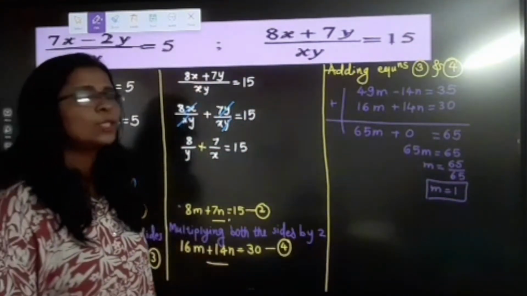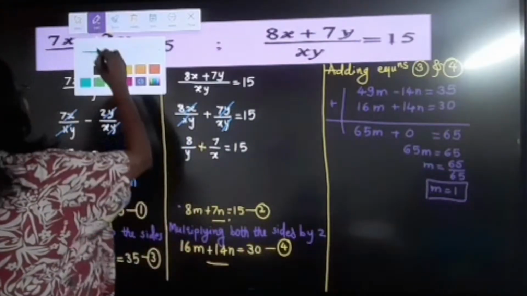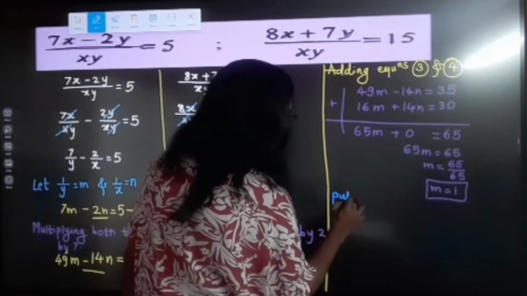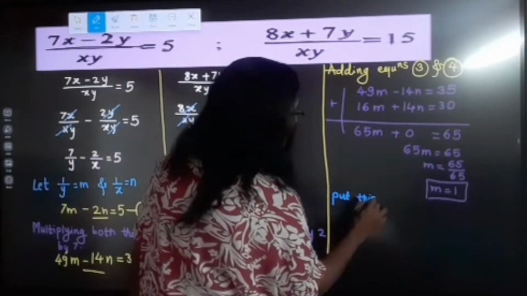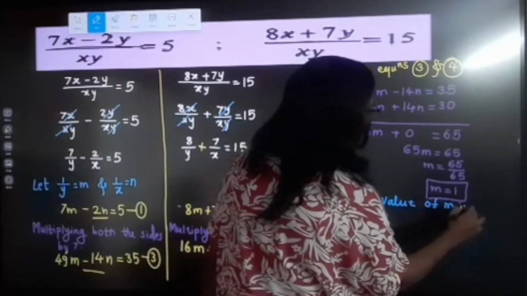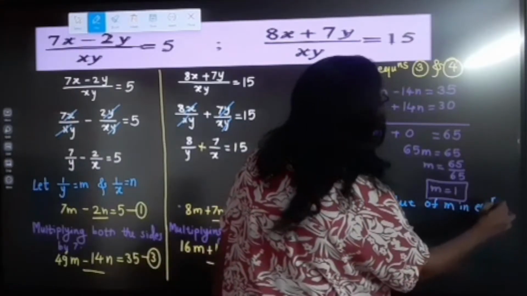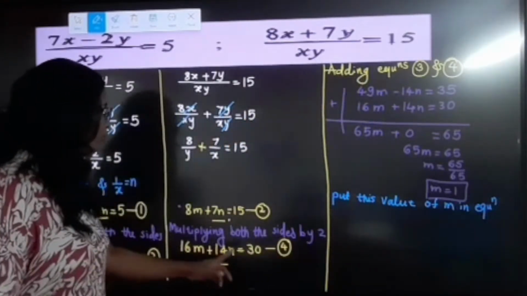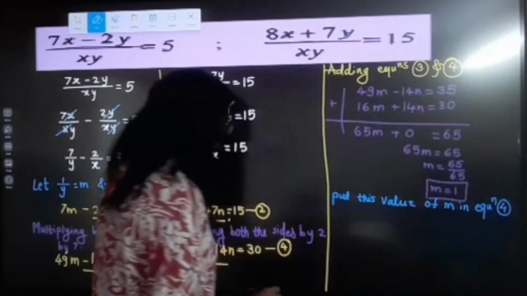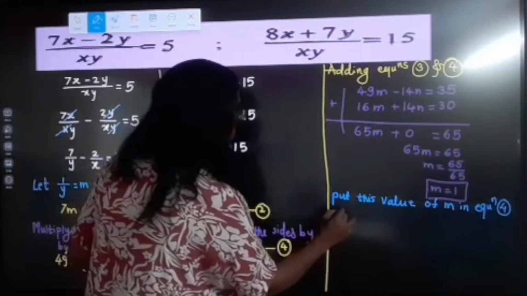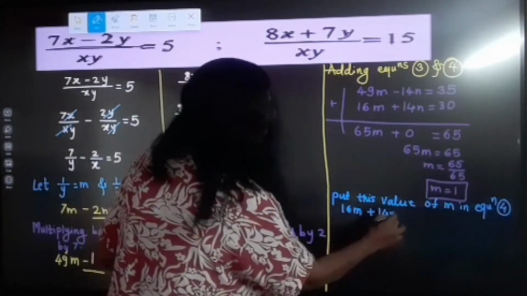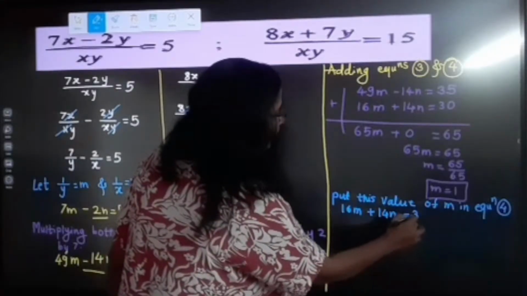Okay. Now the next step is substitution, students. Put this value of m in equation 4. The fourth equation is 16m plus 14n is equal to 30.